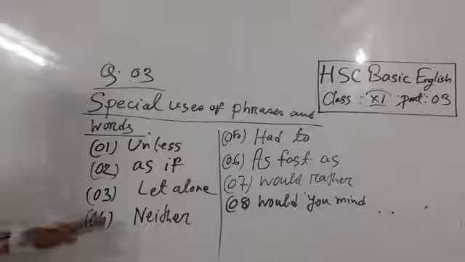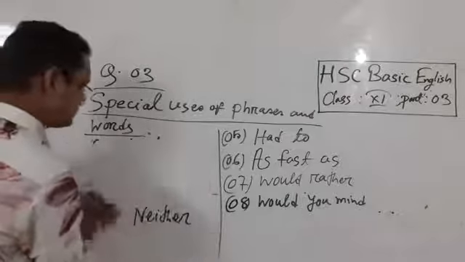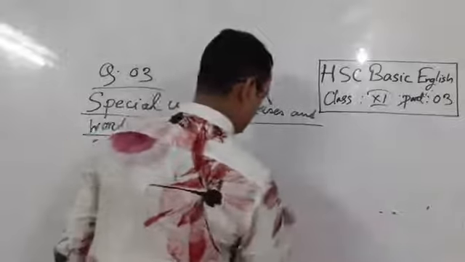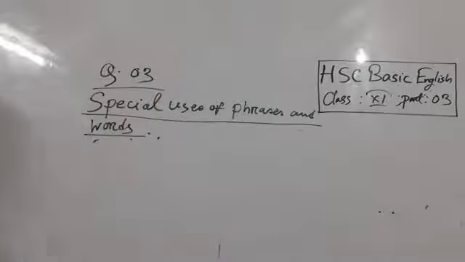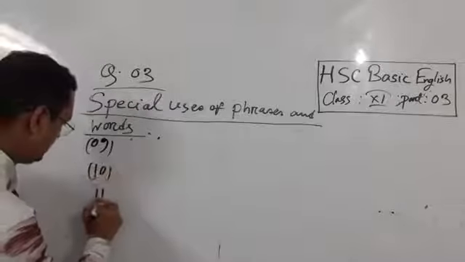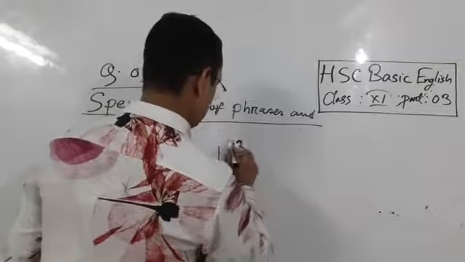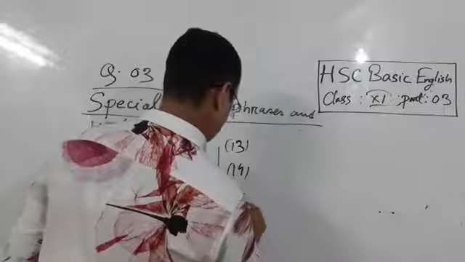List out the words. I will give you 40 words. Number 9, 10, 11, 12, and then 13, 14, 15, 16.